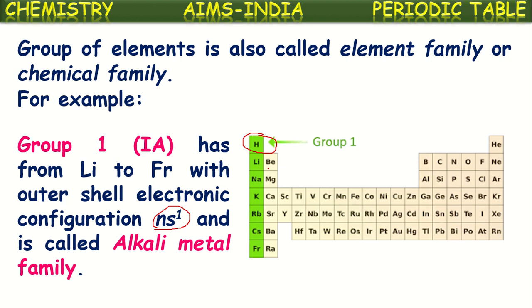Because hydrogen, even though it is present along with the remaining elements in the first group, is a non-metal, whereas the remaining elements in that group are strong metals. Observe once: lithium, sodium, potassium, rubidium, cesium, francium are highly reactive metals, whereas hydrogen is a non-metal. That is why first group elements or 1A group elements except hydrogen are called the alkali metal family.